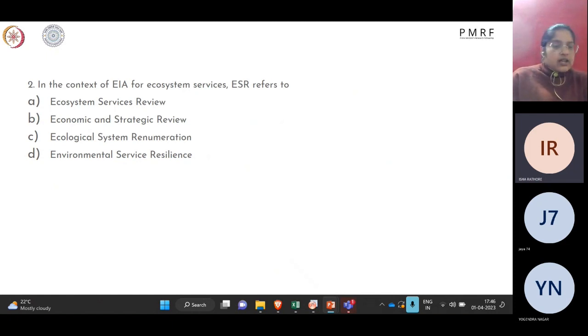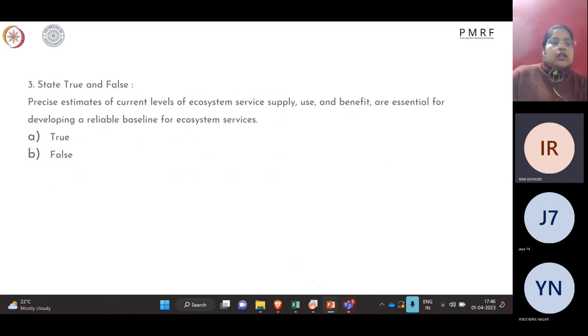Okay, so the correct answer is A, that is Ecosystem Services Review. So ESR stands for Ecosystem Services Review. Moving on to question three, state true or false. Precise estimates of current levels of ecosystem service supply, use, and benefit are essential for developing a reliable baseline for ecosystem services. Is the statement true or false?